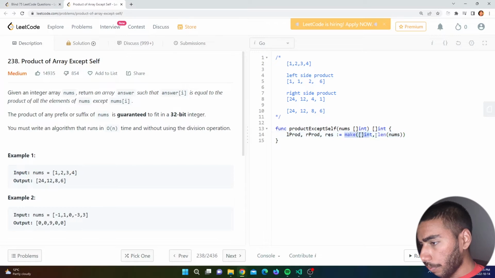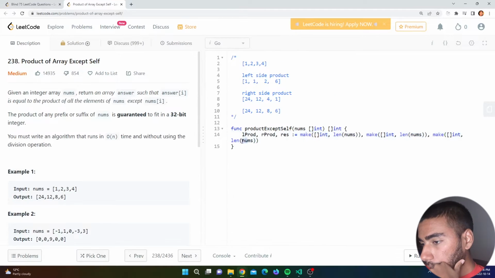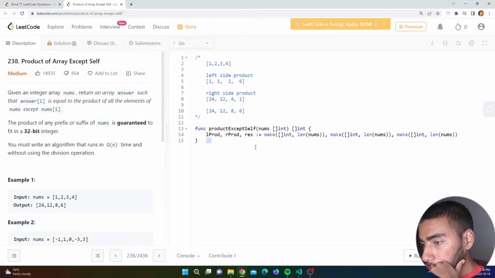The reason we're doing that is we're creating an array of that size, just ready for us to use. Okay, so we've got left, right, and res.